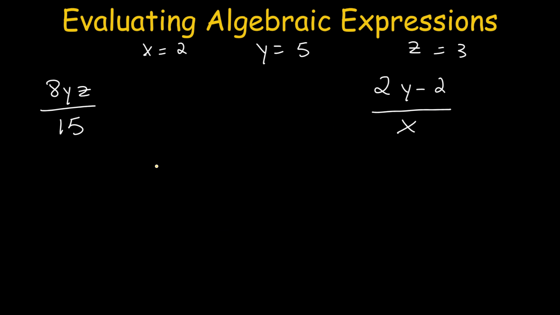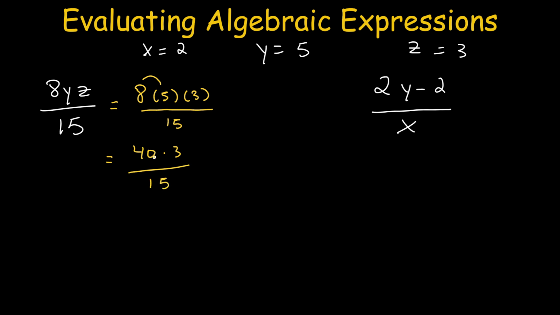Now let's evaluate these expressions in fraction form. So let's replace the letters with numbers. 8, y is 5, and x is 3, divided by 15. Let's multiply 8 times 5. 8 times 5 is 40, and let's rewrite the numbers.